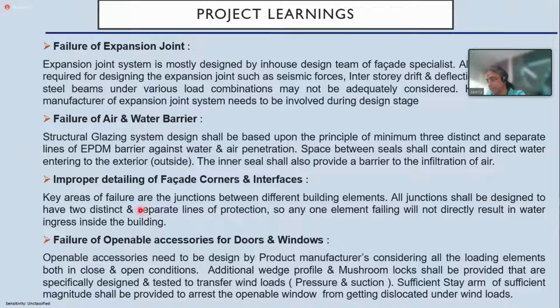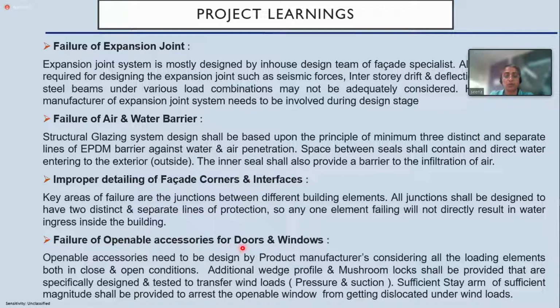The main reason I'm sharing this is that each time you have something on your drawing board or on your screen, understand that these are the important thoughts that should go in. Where is your expansion joint? How have you protected it? How is your barrier detailed? Air and water barrier done. How are you detailing the various interfaces? I told you about the corners, and that we have various materials. How am I going to treat my interfaces?